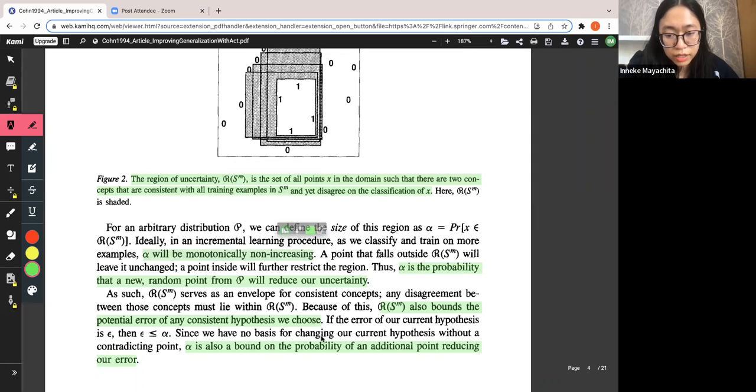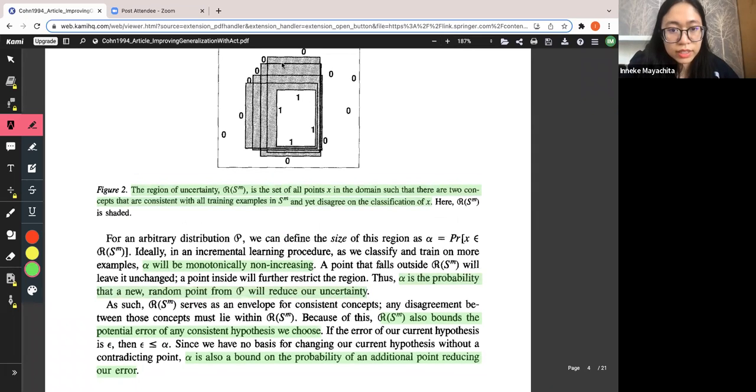And then they mention here that this shaded area, alpha, is the probability that an example lies within the shaded area, that is, the probability that a new point from the distribution we sample our examples from will reduce the uncertainty.